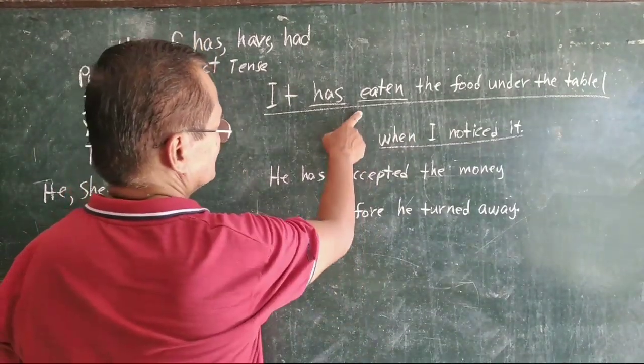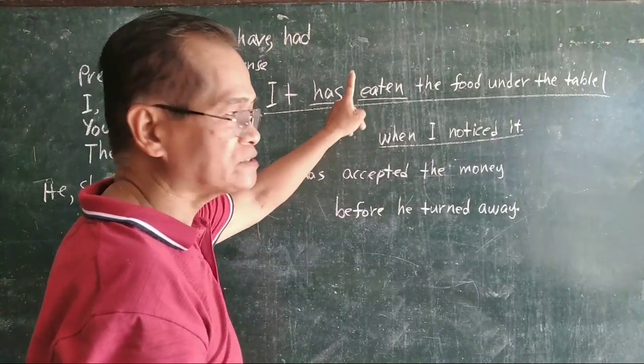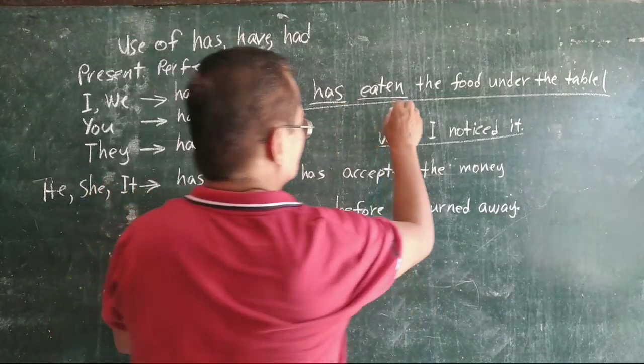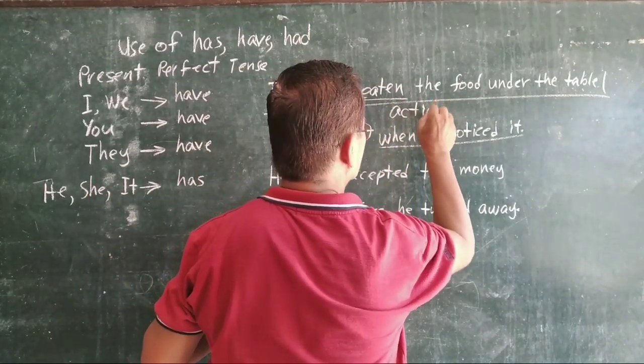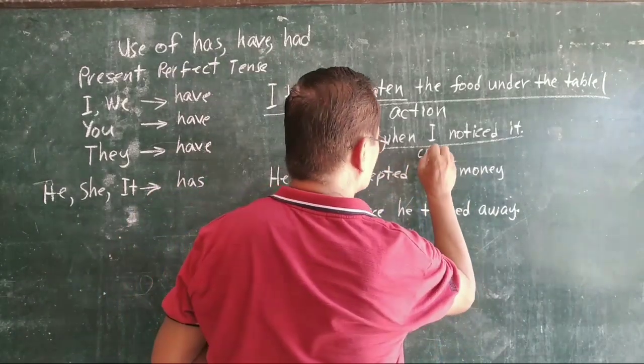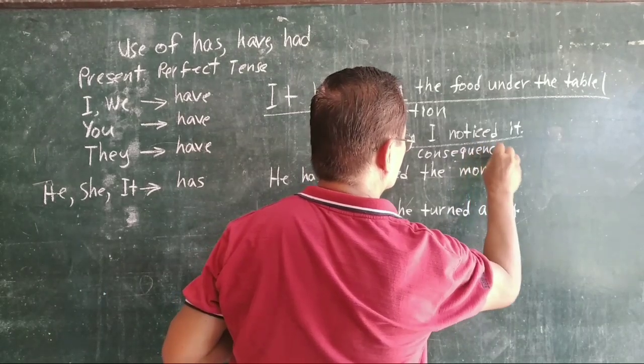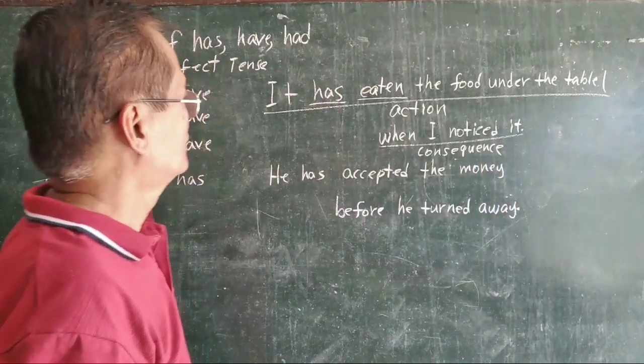So, this is the action in the past. Alright, this is the action. And the second part, this is the consequence of that action. Consequence. Alright.